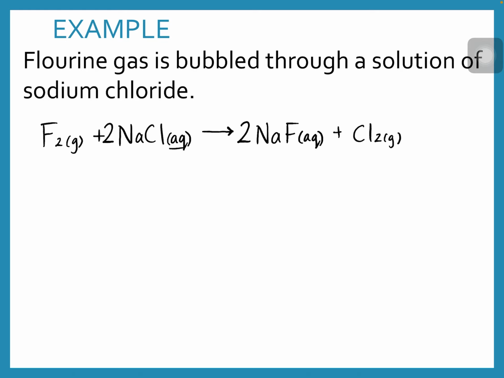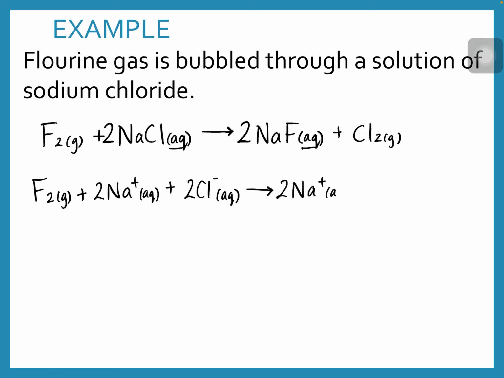I'm going to take the two things that are aqueous and show those dissociated in the total ionic equation. So 2 sodium ions, 2 chloride ions, 2 sodium ions, 2 fluoride ions, and chlorine gas.